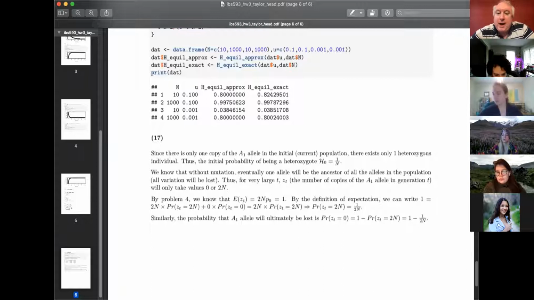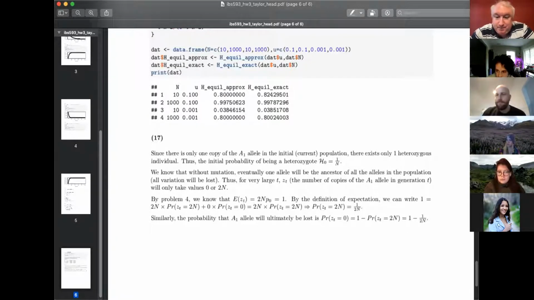There are a lot of powerful things, a lot of clean, beautiful math arguments you can get when you assume there is nothing going on other than random sampling of alleles proportional to their frequency. And you can get a whole lot of results. This is just the first. That's very cool.